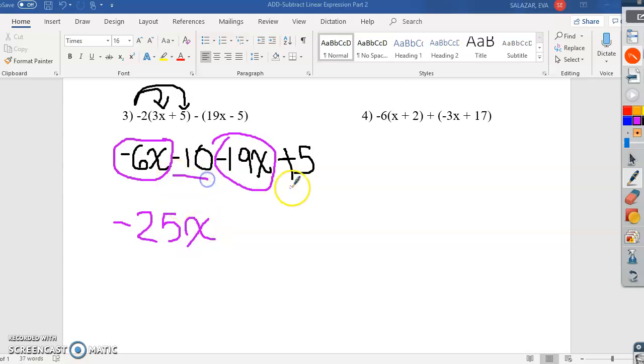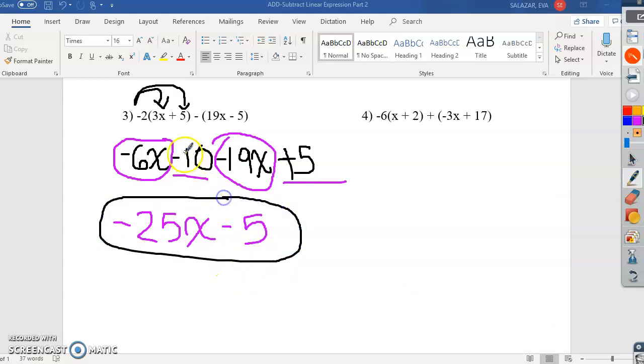And negative 10 and plus 5, different signs you subtract, and this is going to be minus 5. And one more time, we're keeping that 5 negative because the absolute value of negative 10 is positive 10, and that is greater. So negative 5 is your answer.